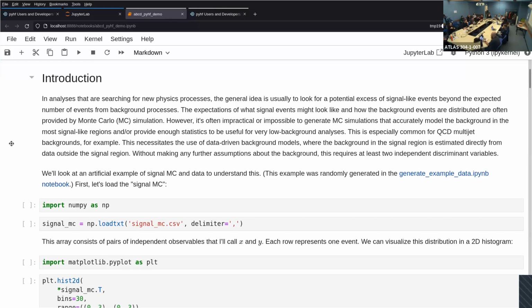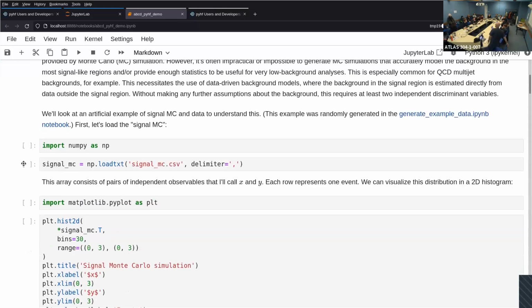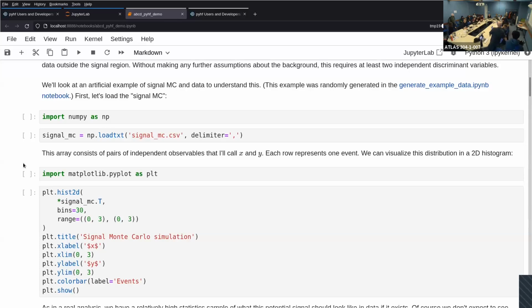So we can't rely on Monte Carlo simulation for all our background. So we have pretty much always data-driven background estimations in order to search for signal on top of this background. And so the ABCD method is probably the most popular method for data-driven background estimation, certainly within ATLAS.